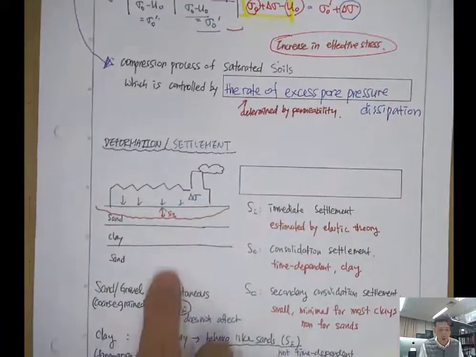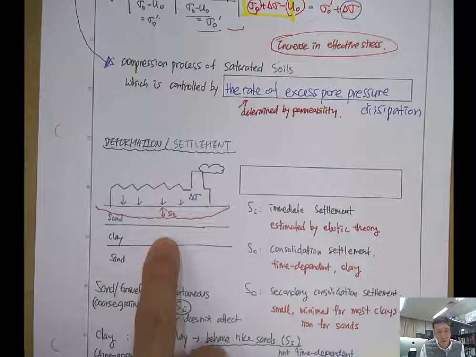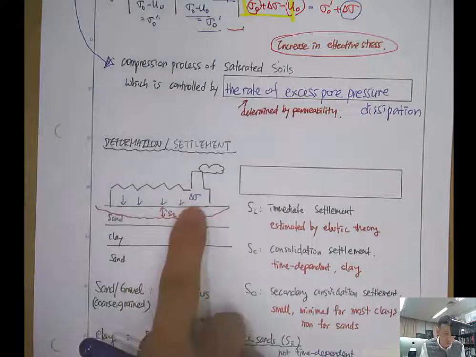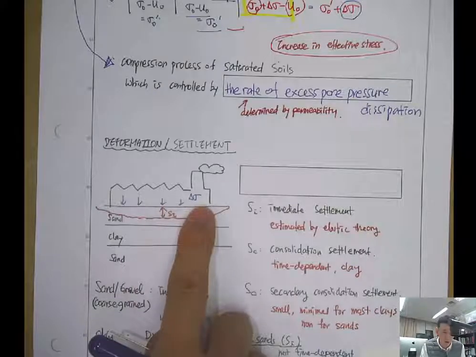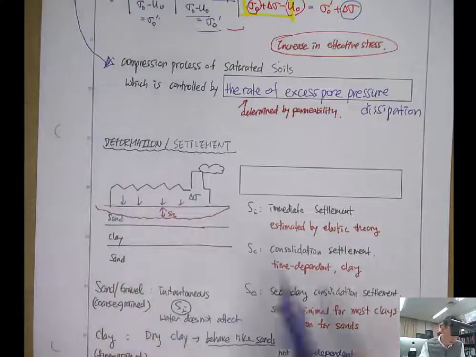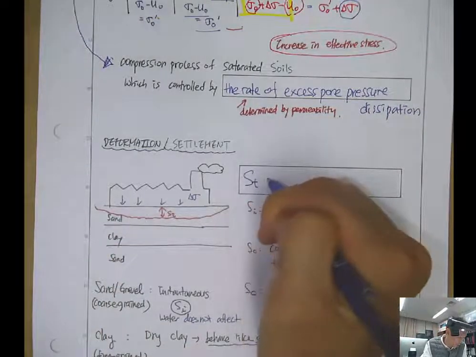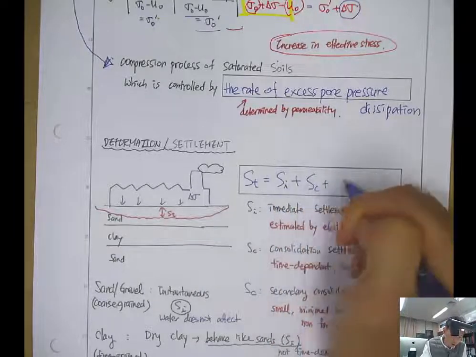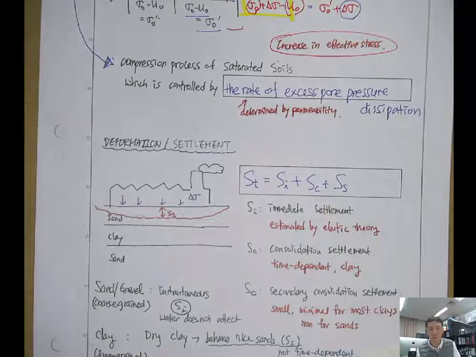In general, when you have layered strata like this, sand and clay and sand, when there's delta sigma, the total stress increment by the weight of the structure, this will transfer to the sand and clay and sand. So here, the total settlement will be Si plus Sc plus Ss.